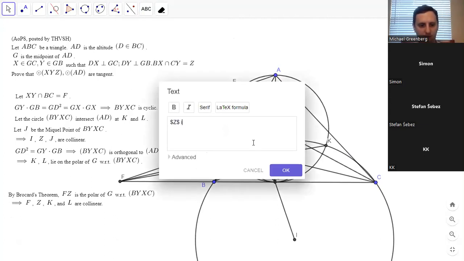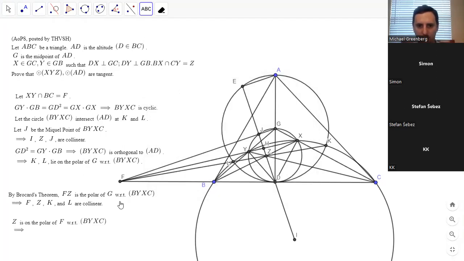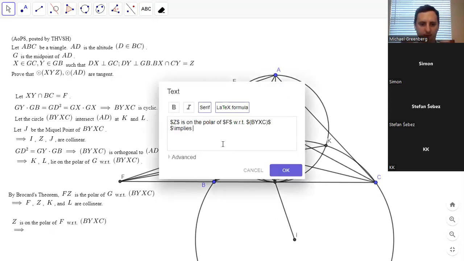So Z is on the polar of F with respect to BYXC. That means that FKLZ is in harmonic conjugation, or I'll say LK.